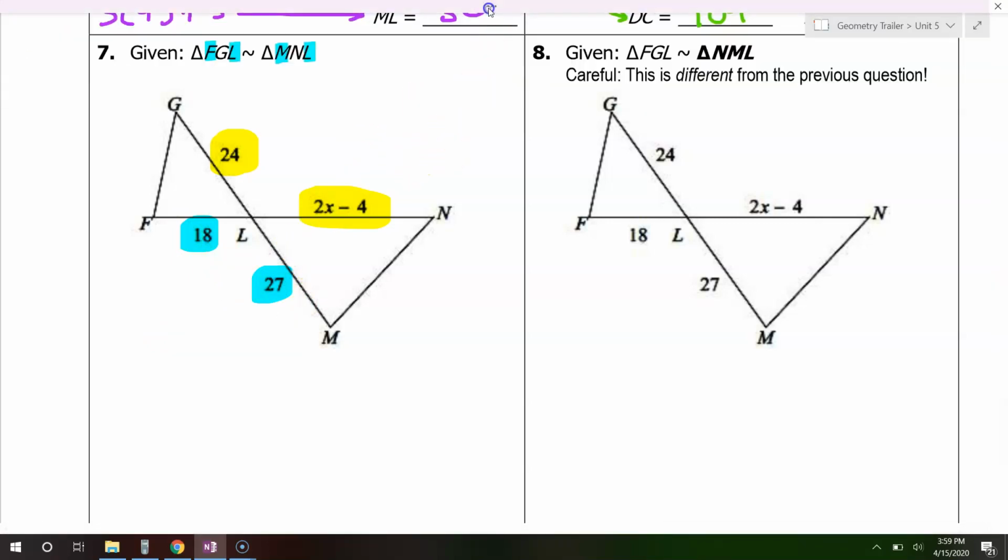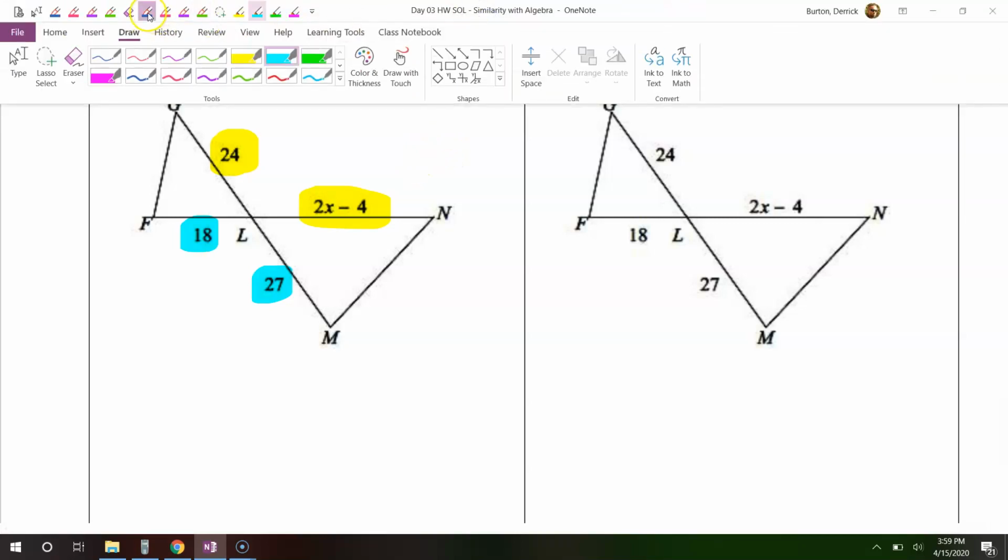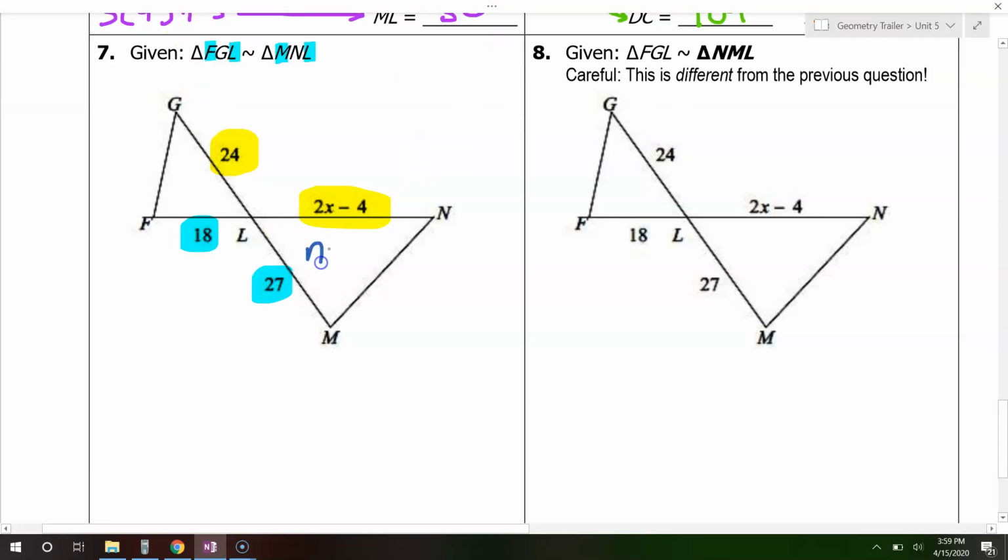Now pick which one is going to be new and which triangle will be considered old. It does not matter, but when you write your equation, put it in the form new over old is equal to new over old. I'm going to start with the yellows.